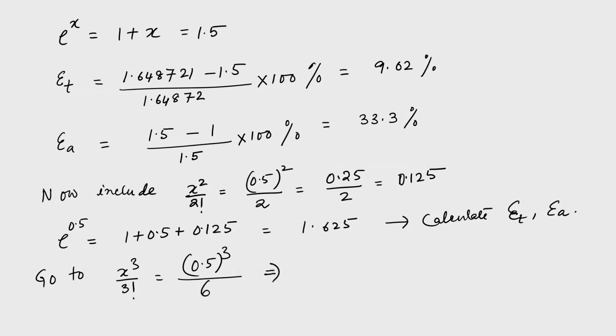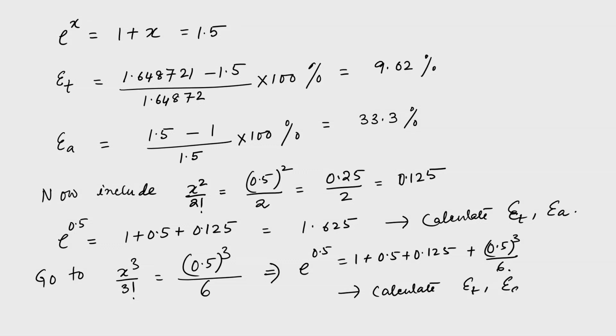So, this gives exponential 0.5 equal to 1 plus 0.5 plus 0.125 plus this quantity. I am not calculating it, but you can use your calculator and do it. At this level, again calculate epsilon t and epsilon a, and check whether epsilon a falls below 0.05%, and if it does, then you are done.